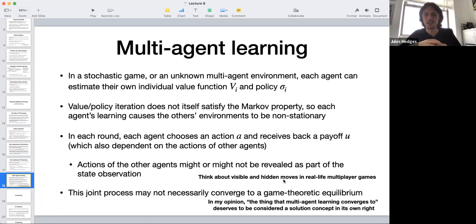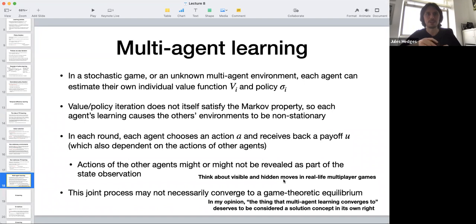In my opinion, the thing that multi-agent learning converges to, which is a combination of policies, aka a strategy profile, deserves to be considered a game theoretic solution concept in its own right. So I am interested in the game theoretic study of whatever it is that multi-agent learning converges to.